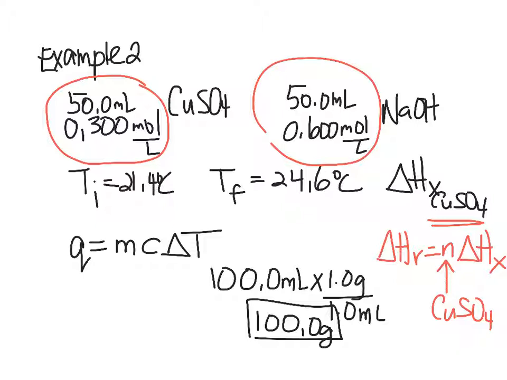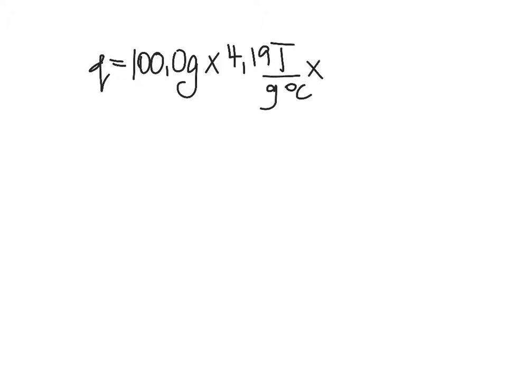So now we can plug this value into here. So Q is equal to 100 grams of solution times specific heat capacity of water times your temperature change.